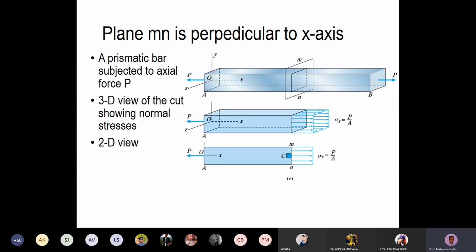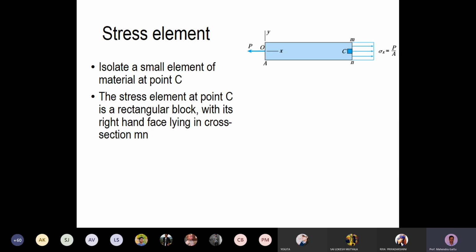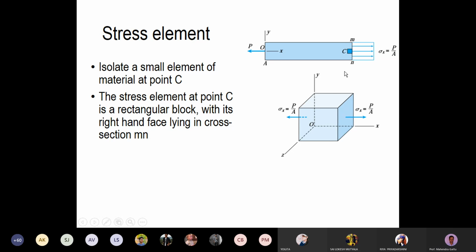So we can look at that element. We isolate a small part of the material at that point C, and that infinitesimally small element is magnified, and that magnified image is shown here.